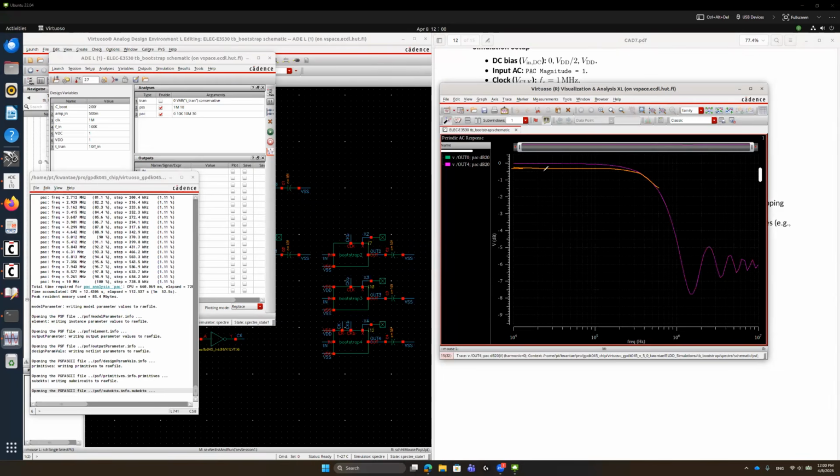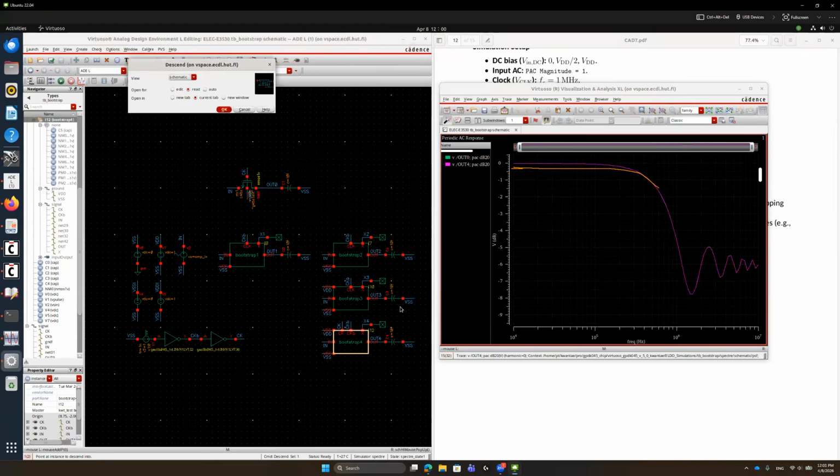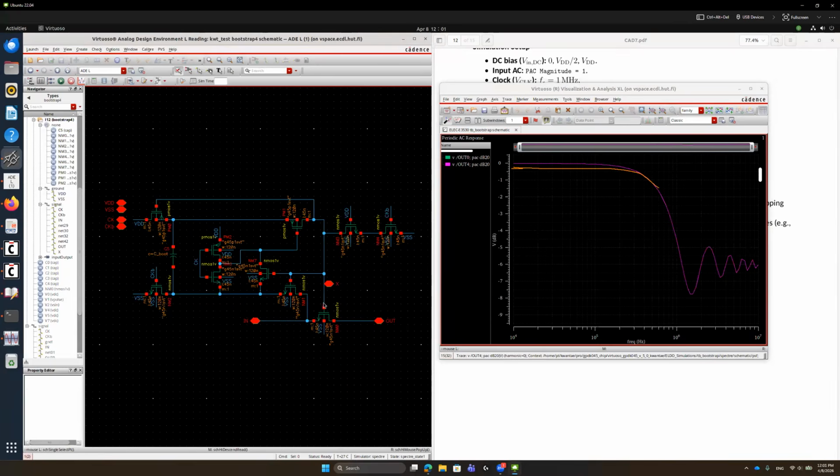So in this case, if you set, for example, the switch's length too high, then it will not be good enough to correctly follow the input and output. This is my assumption, but I'm not sure. Let me check it.